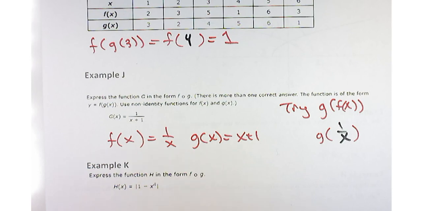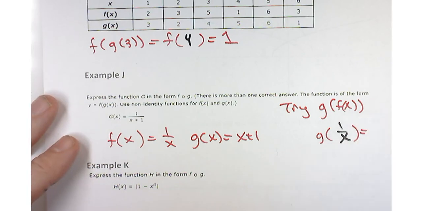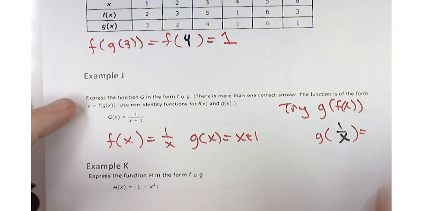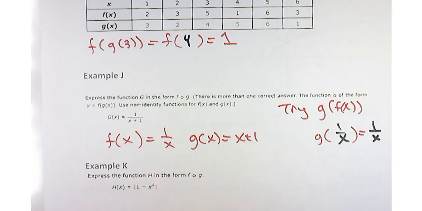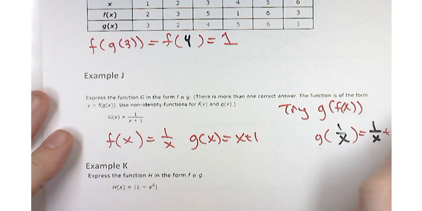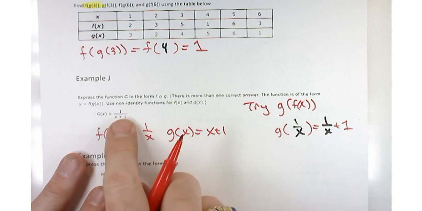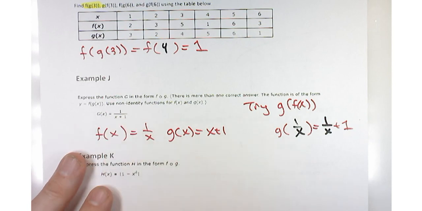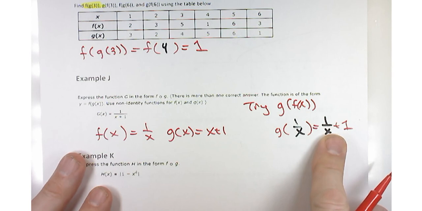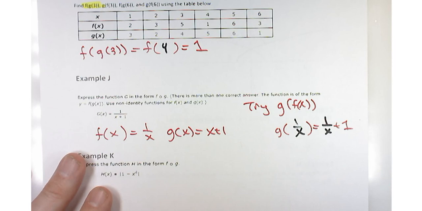So this then would equal 1 over x plus 1. Does that look like capital G of x? Looks a little similar, but is it identical? Is it exactly that? No. So that one didn't work.